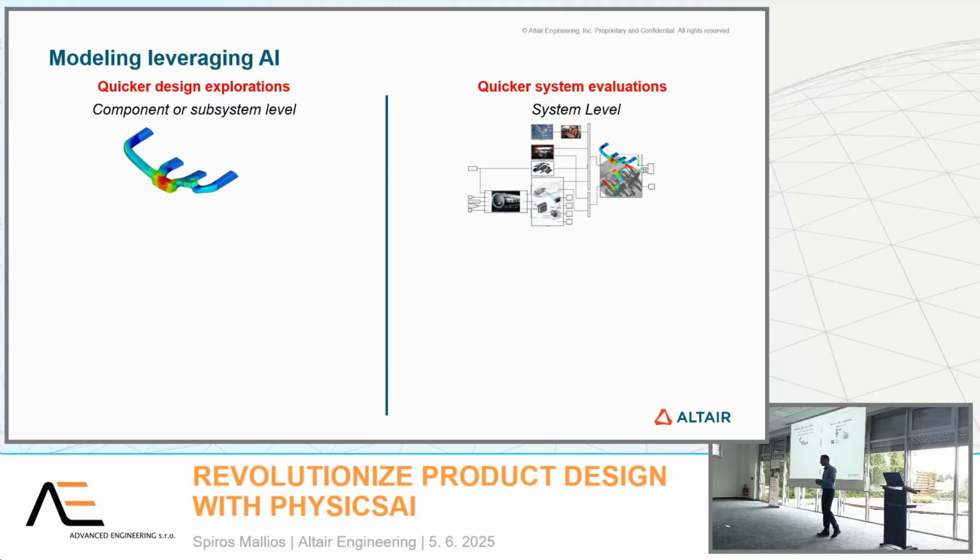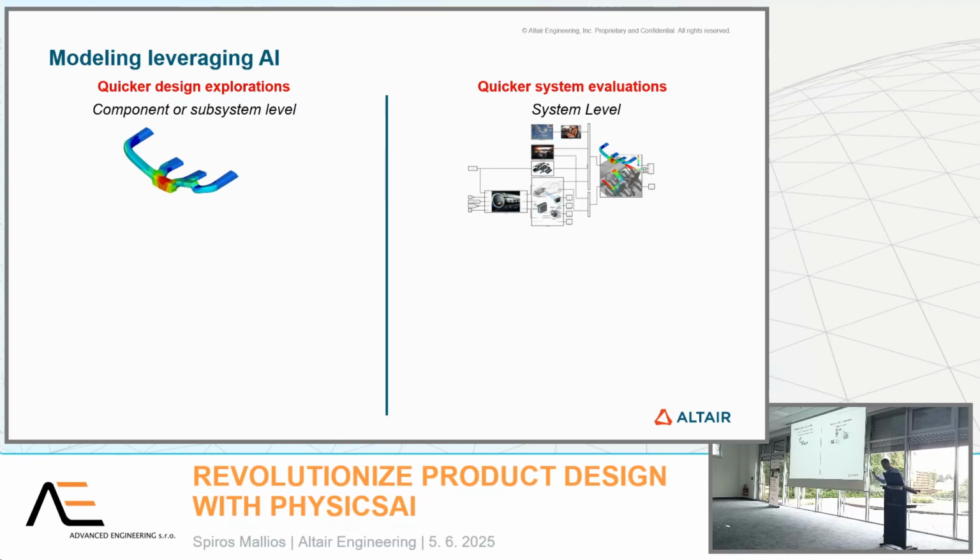So, a little bit into the details of what we're going to see today. When you want to engineer a part, when you want to design a part, there are two main ways that you can look at it. You can either look into the details, at the component level, and this is where you are in the conceptual phase trying to design a part and understand how it's going to look. You want to know if it's going to fail, if it's going to handle the temperatures, all this kind of stuff.